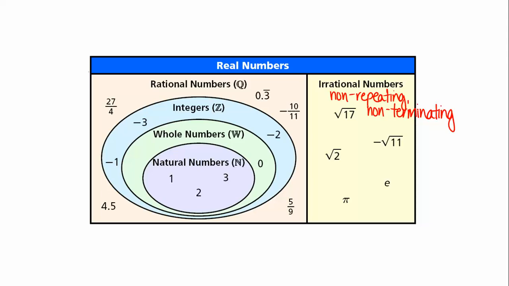So non-repeating, non-terminating decimals, those are irrational numbers, which then follows that rational numbers are repeating decimals or terminating decimals, because those can all be written as fractions, and we've learned how to do that over the course of the last 2 lessons. So then some of the other terms I want you to know. If we start on the inside over here on the rational numbers side, natural numbers, those are just the counting numbers, 1, 2, 3, 10, 20.